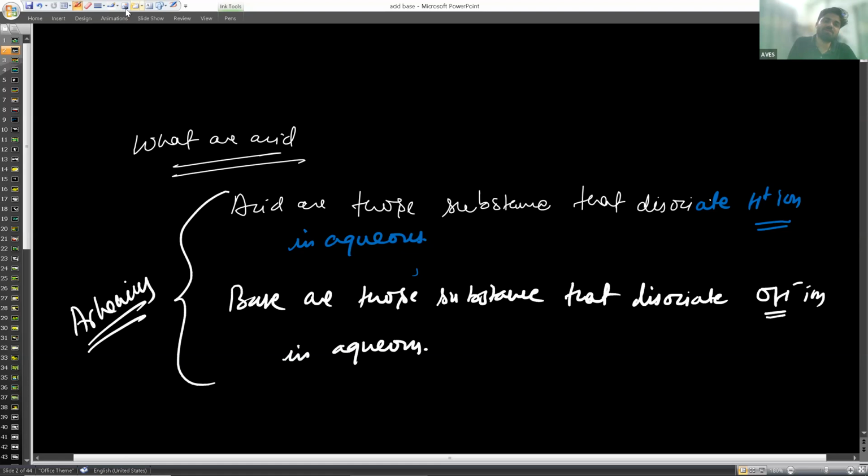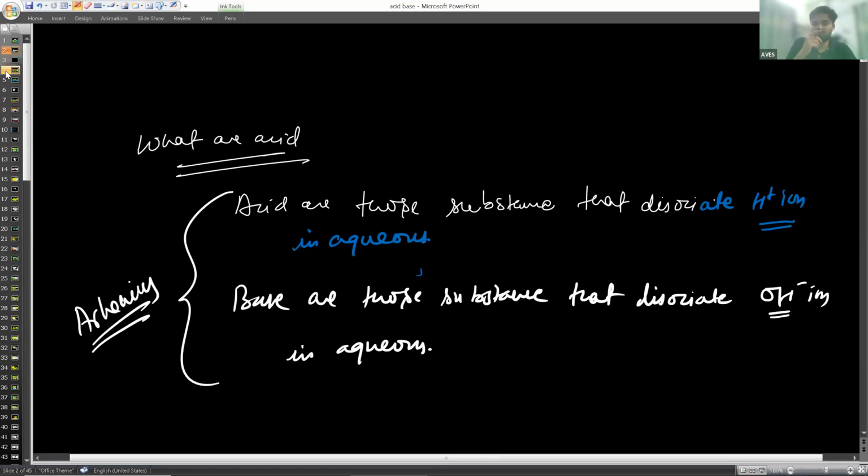Now another concept comes, the Bronsted-Lowry concept. Have you noted this one? Note it fast.